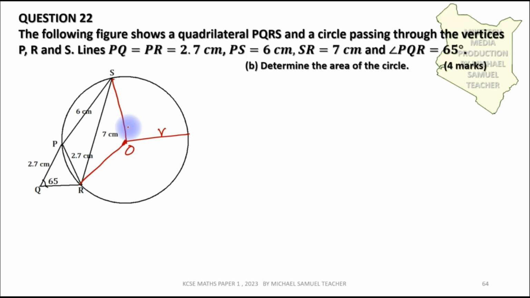For the sine rule, from here we can have this side PS. We also have SR, whichever will be more applicable with the corresponding angle. In our case, we can deal with R.